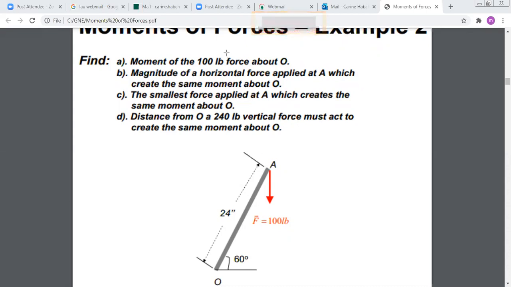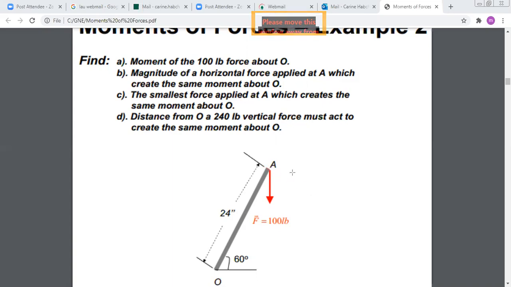Because look, as you can see, we always do the projection from O to the line of action of F, and this projection is smaller than 24. So the highest possible projection from O towards a line passing by A will be 24. In order to have a projection of 24, the force should be perpendicular to OA.